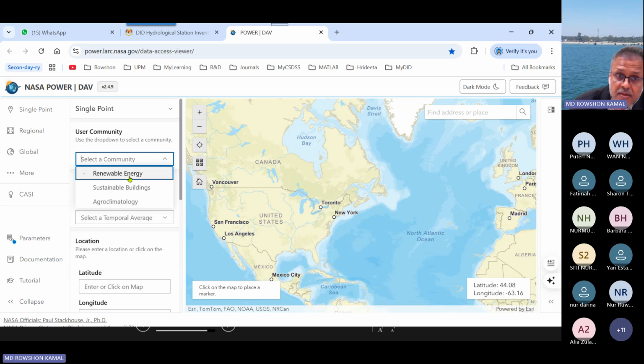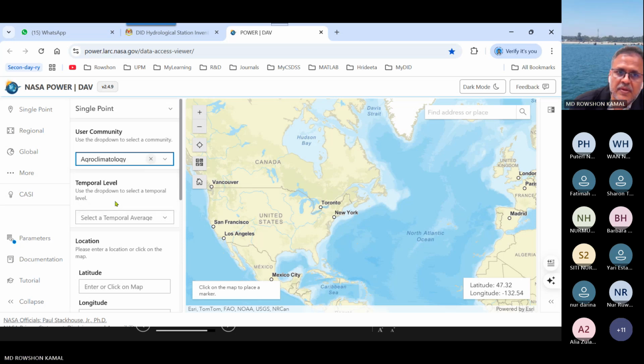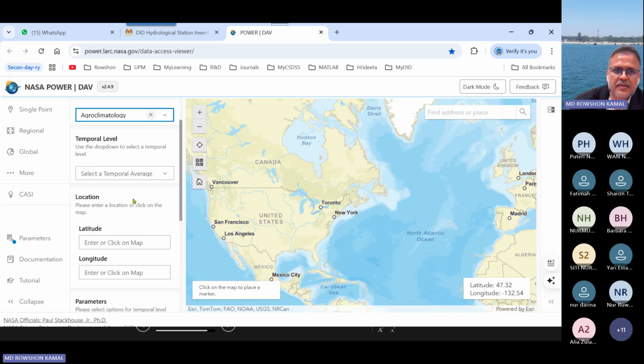Renewable energy? Do you study renewable energy? No. Sustainable buildings, meaning city areas? No. We study agroclimatology, am I right? So you can click this one and select agroclimatology. Then temporal level. Temporal level means time.